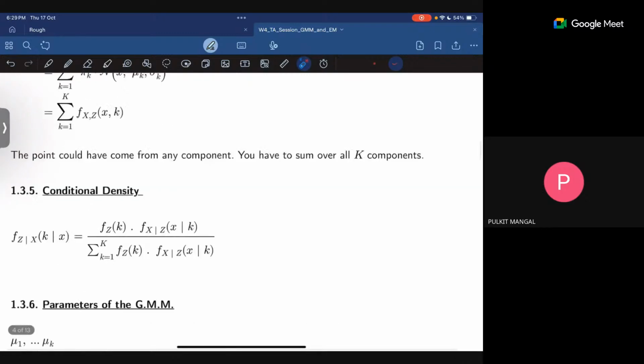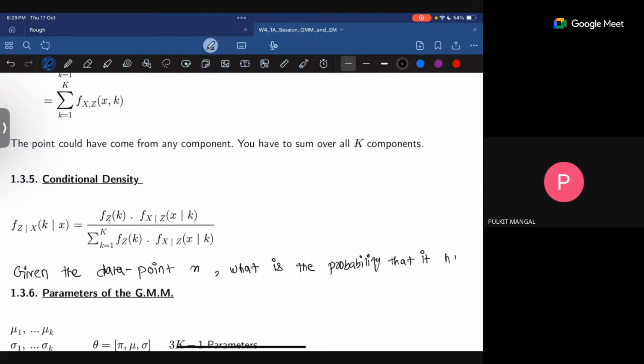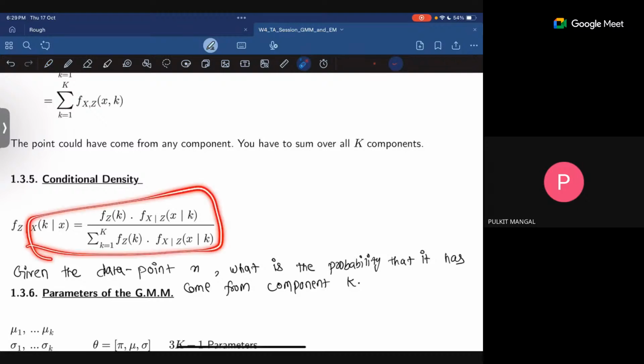Now this conditional density is: given you have the data point xi, what is the probability that it has come from the component k? And that is given by this.